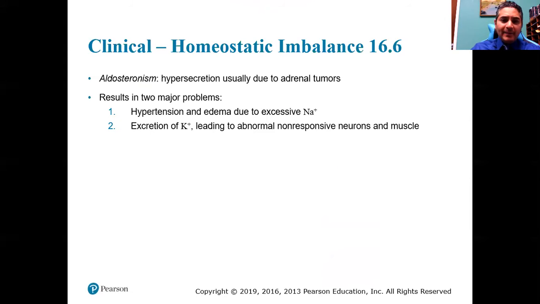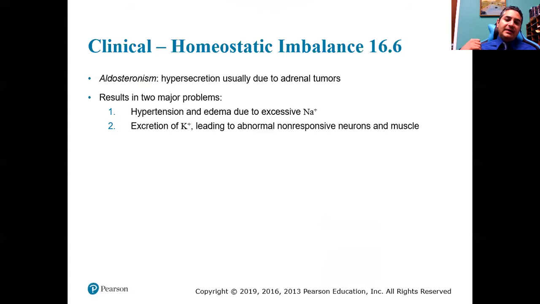Well, what happens if we find ourselves in a hypersecretion due to adrenal tumors? Again, hyper, lots of, most likely tumor and cancer. So aldosteronism is a hypersecretion and it results in, well, hypertension.